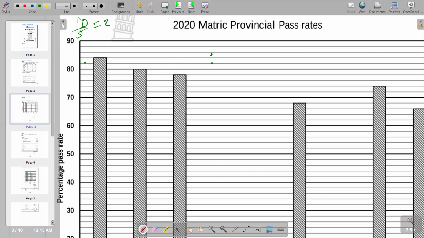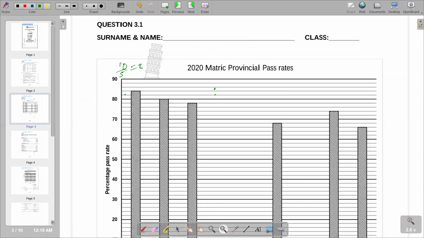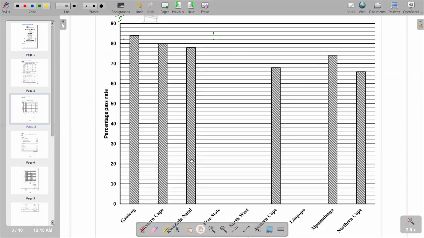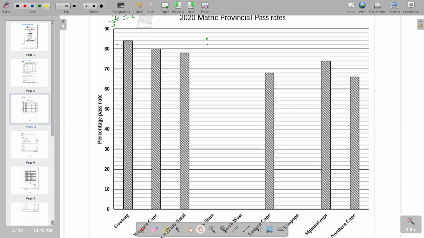So we go down and check in terms of our bar graph, so we can try to put a line within that. We've got our Free State here. So we are going to go up and go in between, which is where we are here.